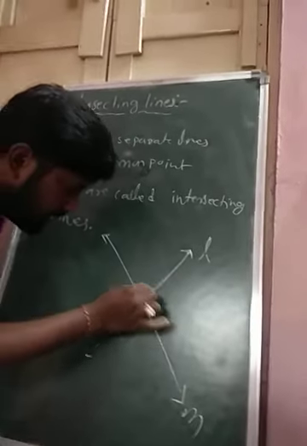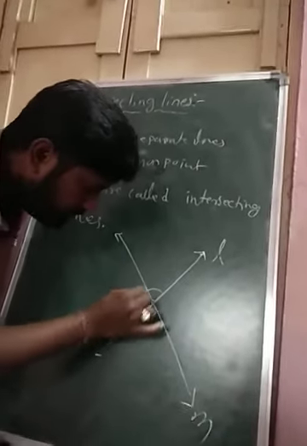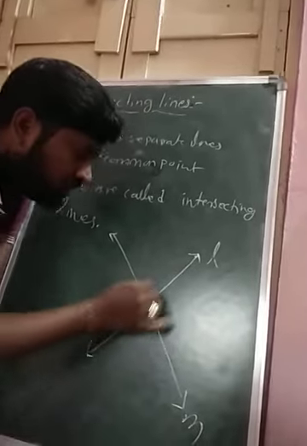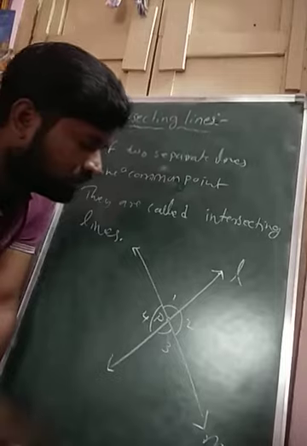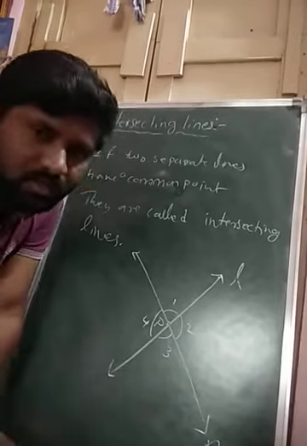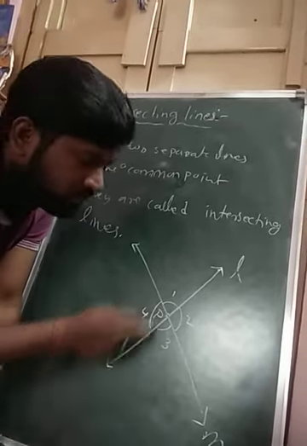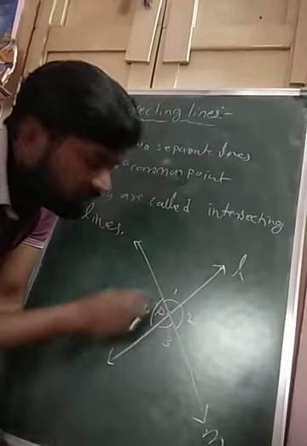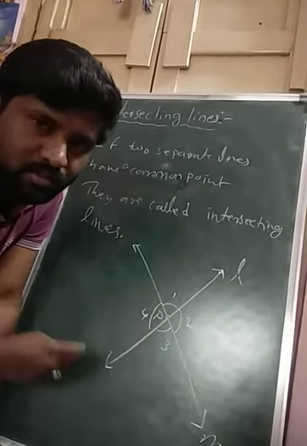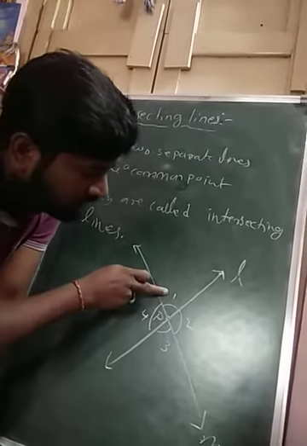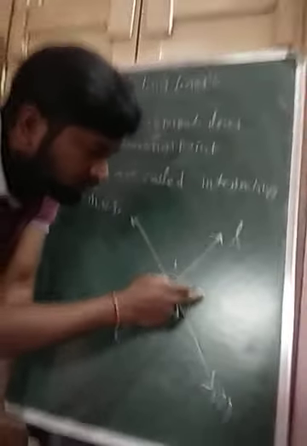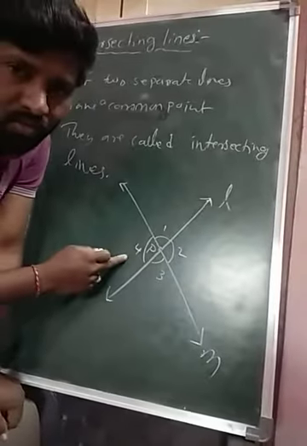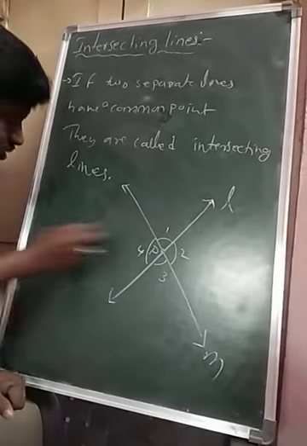So we can say that angle 1, angle 2, angle 3, angle 4 are formed. How many angles are formed? 4. If two lines intersect at a point, they form 4 angles.